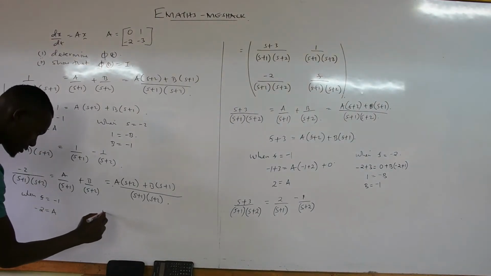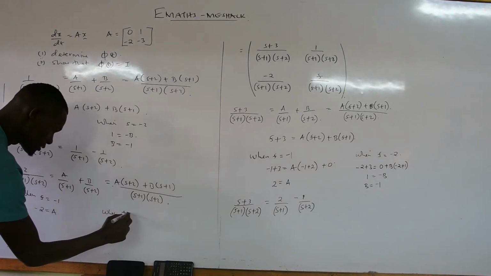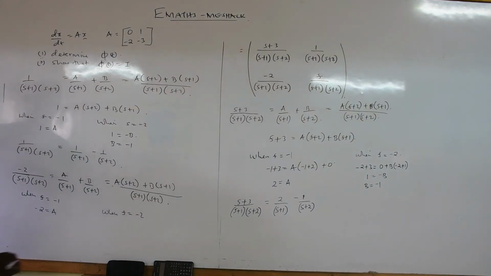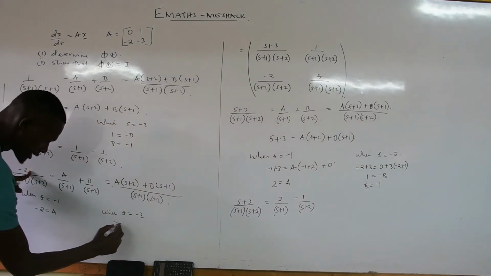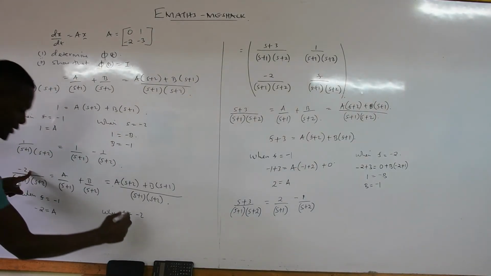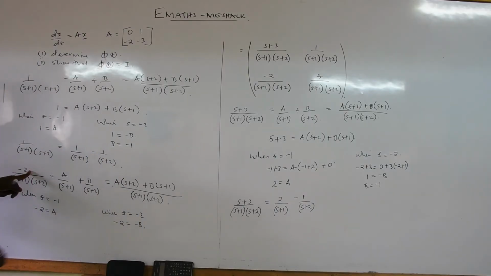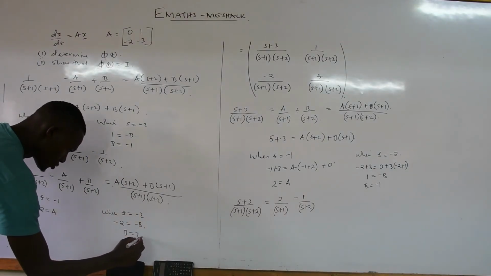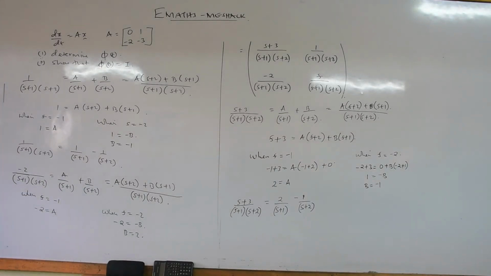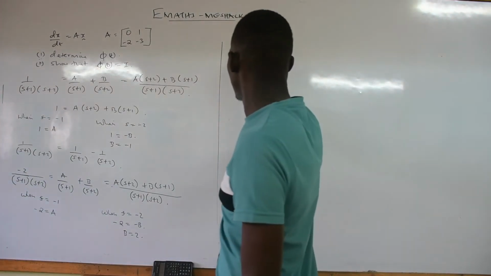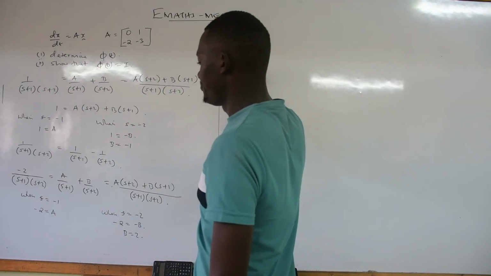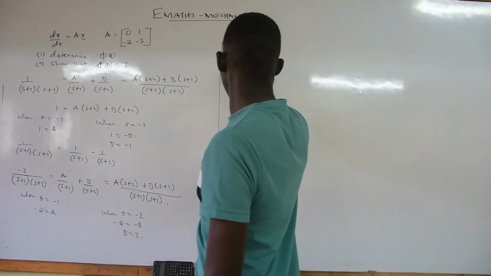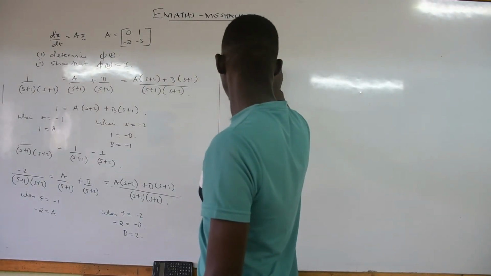When s equals negative 2, the right hand side does not have an s, again it will be negative 2, but on the other side the answer is negative b. So dividing both sides by negative, my b will be equal to 2. So now we can rewrite our negative 2 over (s plus 1)(s plus 2).